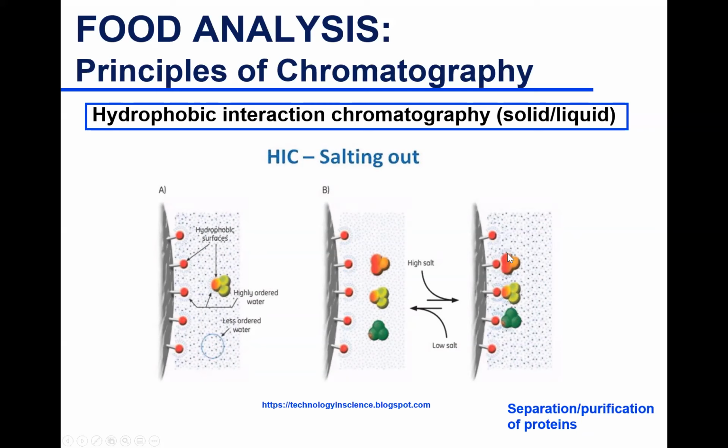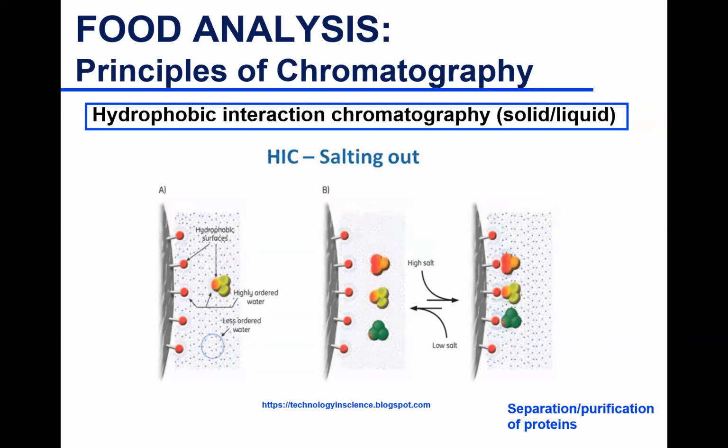The most hydrophobic will interact the most with the column, or with your stationary phase. Proteins have surfaces, right? And the surface on the protein can be very hydrophobic or moderately hydrophobic or mildly hydrophobic.